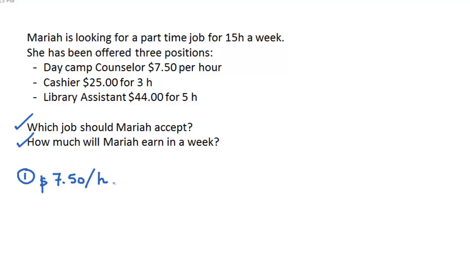So it's already with a unit rate. The second case, it's saying $25 per 3 hours. So I take the $25 and I divide it by 3 to get how much she can get per 1 hour. It's gonna be $8.33 per hour.